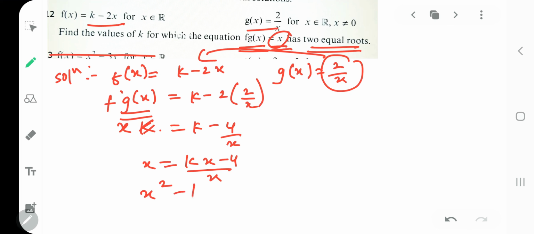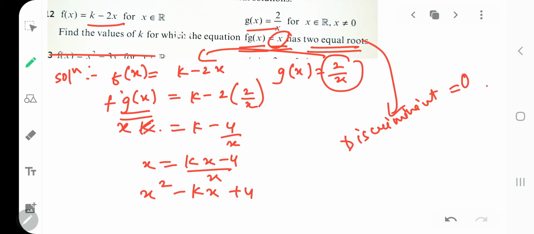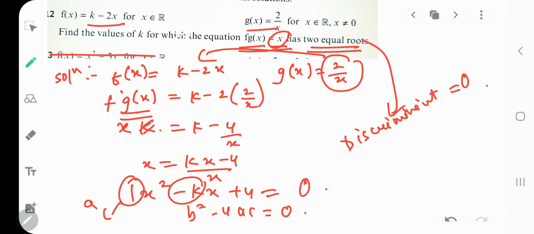And once you have this, it is said that such an equation will have equal roots. That means the discriminant will be equal to 0. Got my point clear? So can we write this equation as equal to 0? And once you have that, you have b square minus 4ac equal to 0. This is your a, this is your b, and this is your c. From there you have to get the value of k. Can you do that?